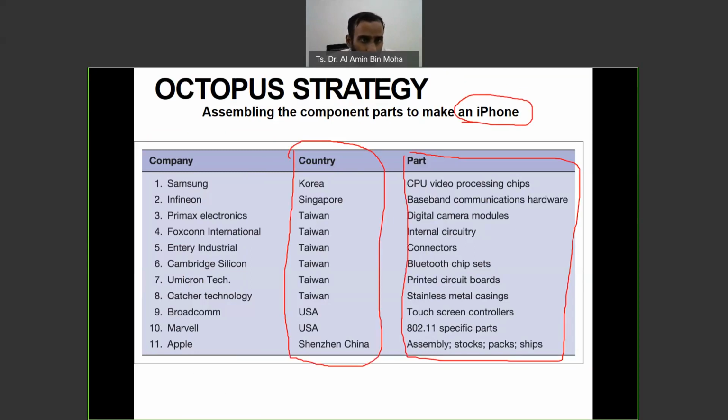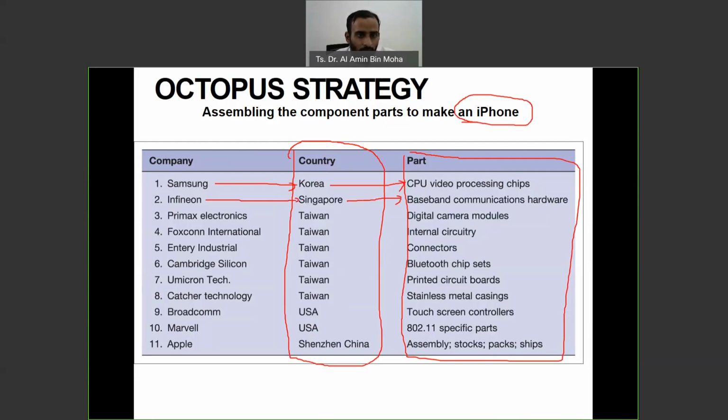We have Samsung in Korea focusing on CPU and video processing chips. Infineon in Singapore, not sure why it's in Singapore, we also have Infineon here, for baseband communication hardware.